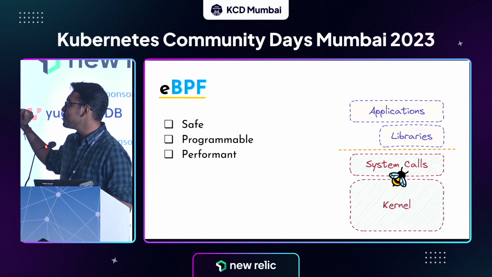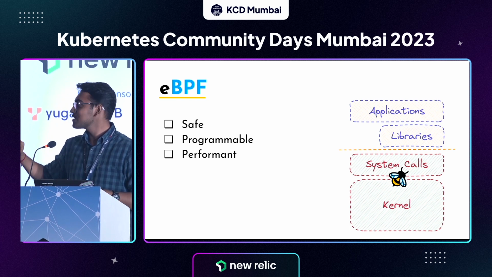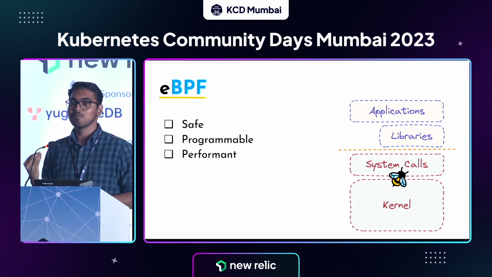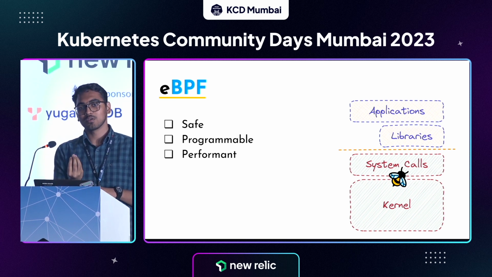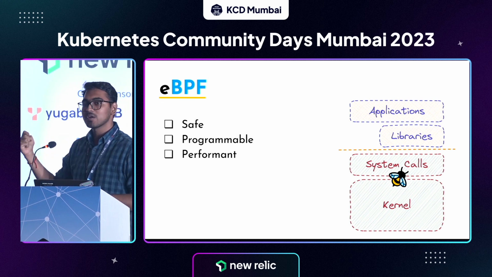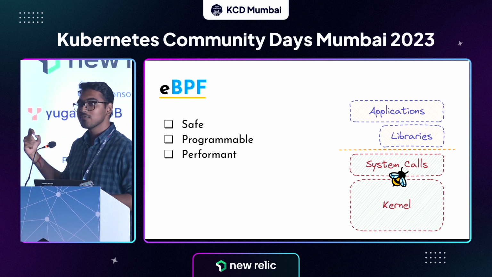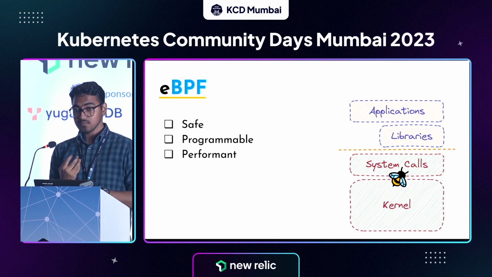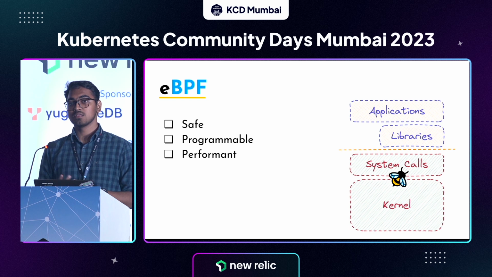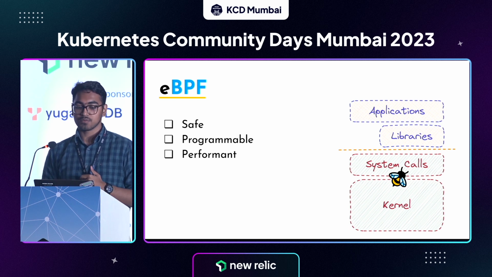There we have eBPF. eBPF is a trusted technology that has been in use now and has been key to various cloud-native observability projects today. It provides us with a safe, programmable, and performant way to hook onto these kernel events and helps us with monitoring and alerting the observability data we are looking for.